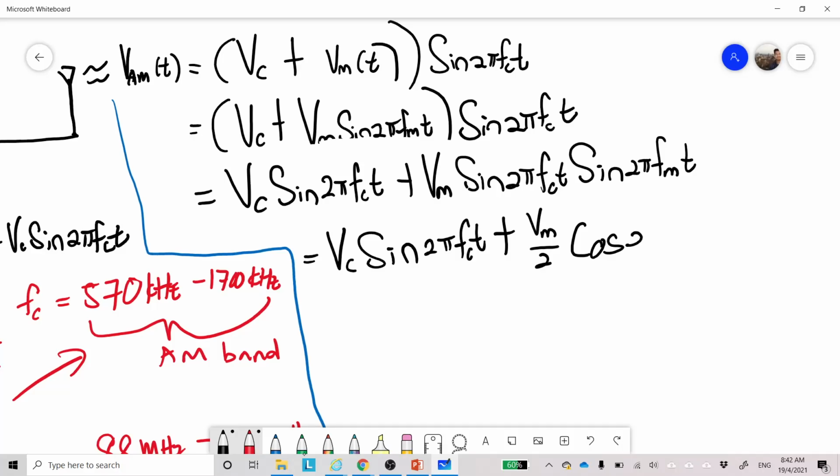Okay, so when we rewrite the equations, Vc sine 2 pi fct plus Vm over 2 cos 2 pi (fc minus fm) t minus Vm over 2 cos 2 pi (fc plus fm) t. So this is for the upper sideband.